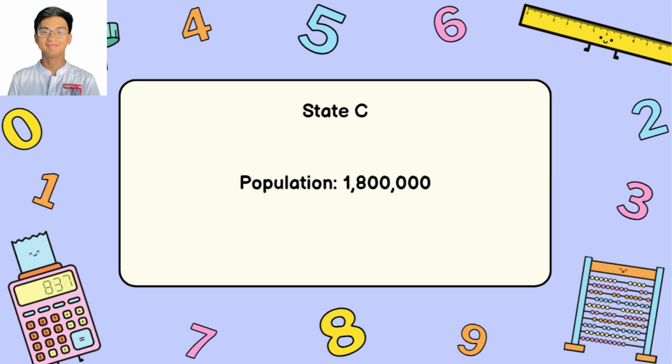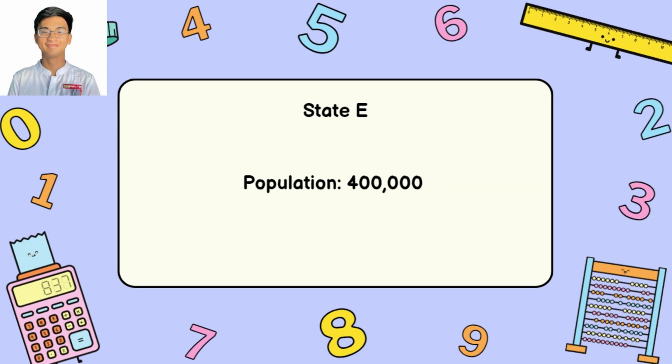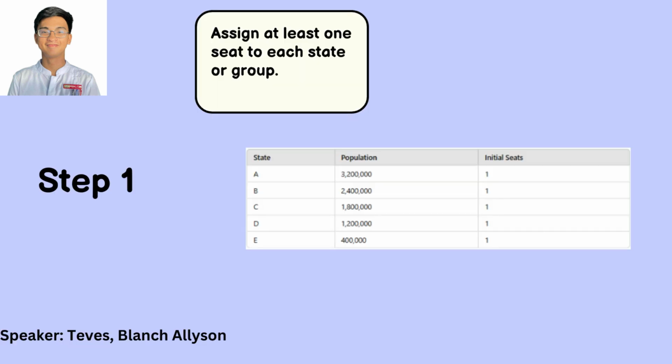State C has 1,800,000 population. State D has 1,200,000 population. And lastly, State E has 400,000 population. Using the Huntington-Hill method, determine how many seats each state should receive.